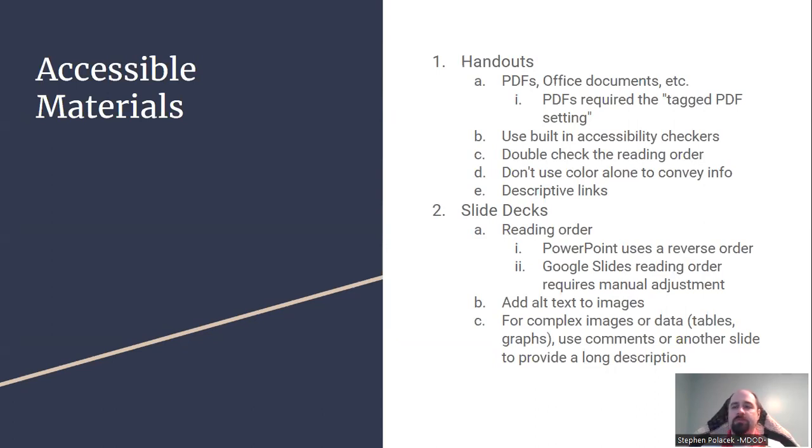So we can view one of our earlier webinars on document accessibility. If you're in the state, we offer document accessibility training. There's a lot to cover here. So my first thing that I'm going to tell you, if you've not done any of that, is use the built-in accessibility checkers.